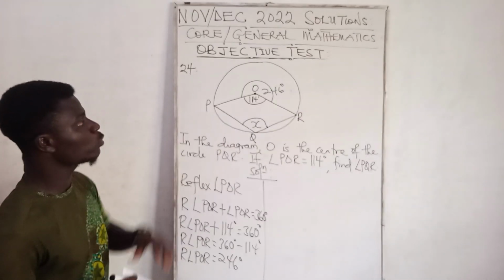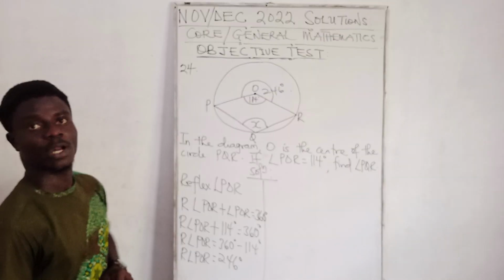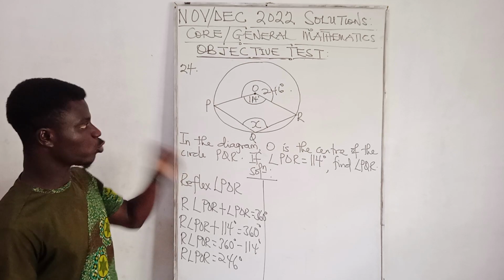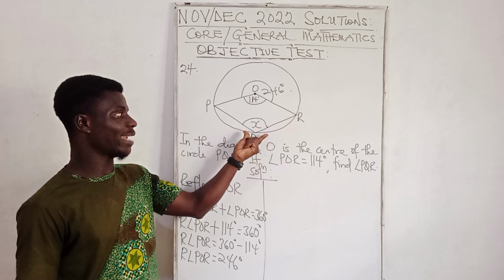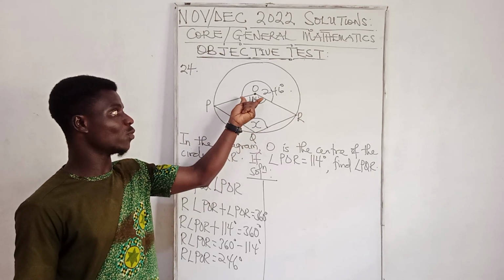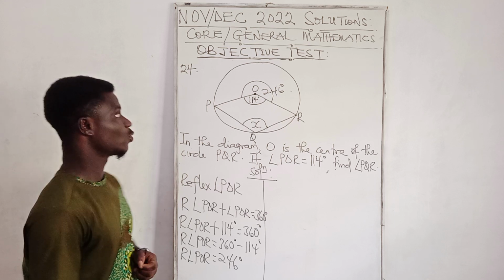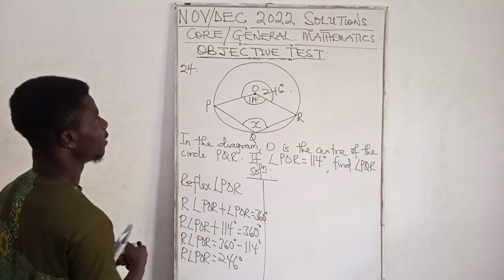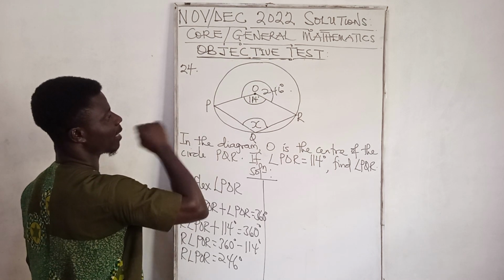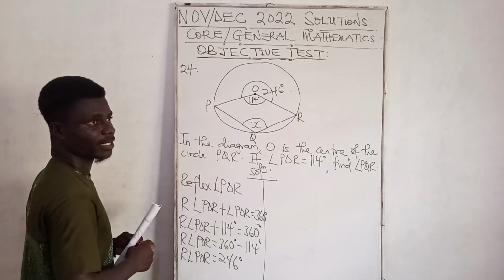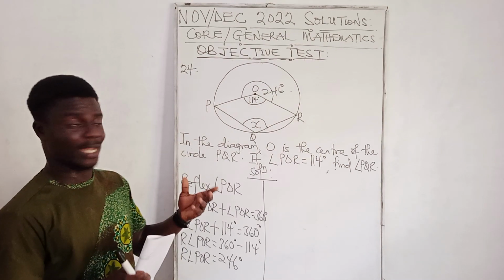Right. Now, if you want to find X, then you divide this by 2. The circle theorem states that twice the angle at the circumference is equal to the angle at the center. So we can say that an arc which subtends an angle at the circumference, the angle at the center is twice that.